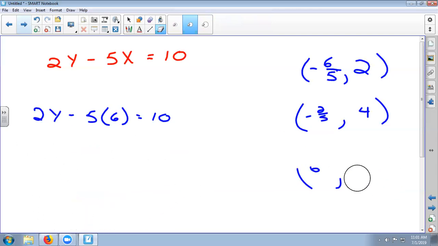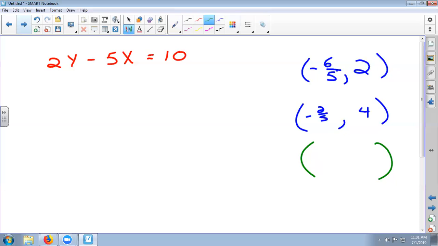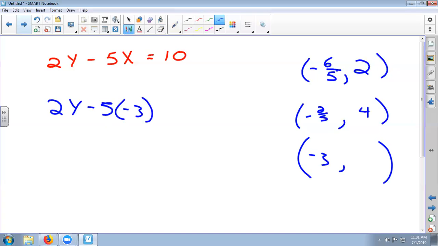I'm going to plug in -3 for X. But the point is, I can plug in any number. It will give me a solution. Plugging in -3 for X. Okay. -5 times -3.